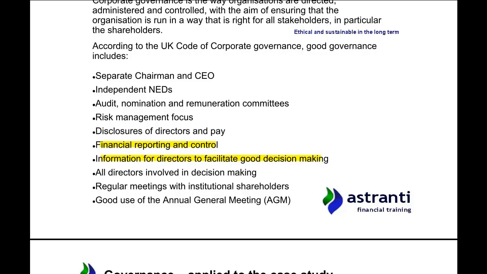If the directors are making strategies for the organisation but they have no information about how well the company is doing, they have no information about the industry, etc., then those strategies may not be feasible, they may not fit in with what is possible. And finally, to ensure that they have regular meetings with shareholders, the owners of the organisation, basically, to ensure that the owners' needs are being met, that any questions they may have about the organisation are being answered.